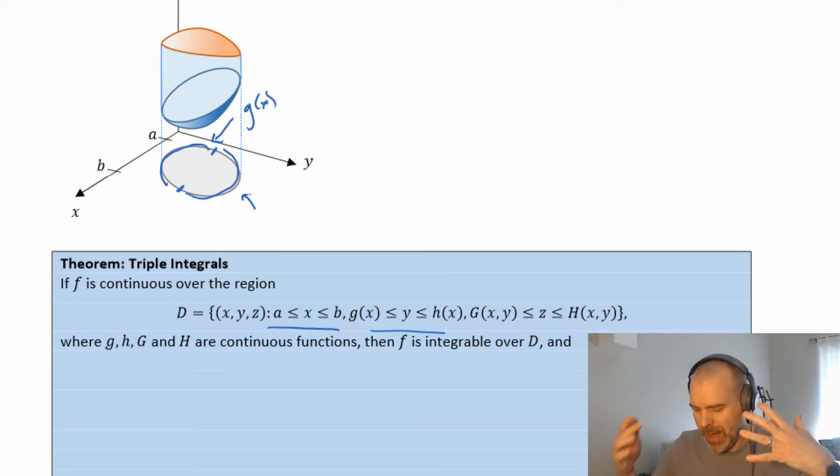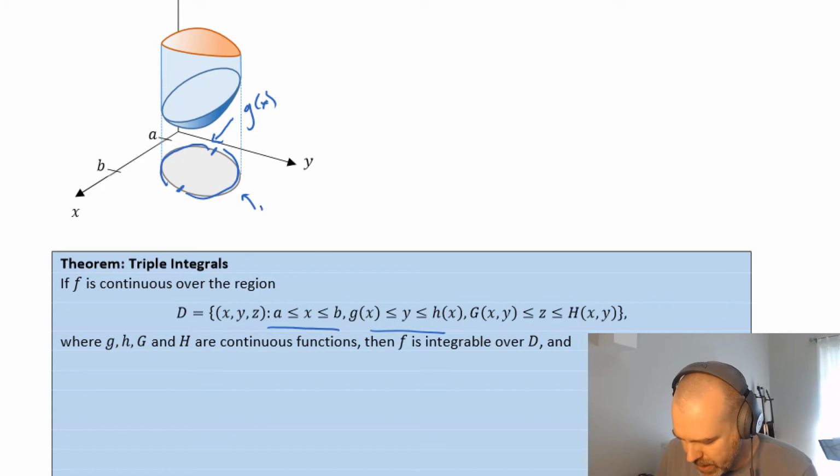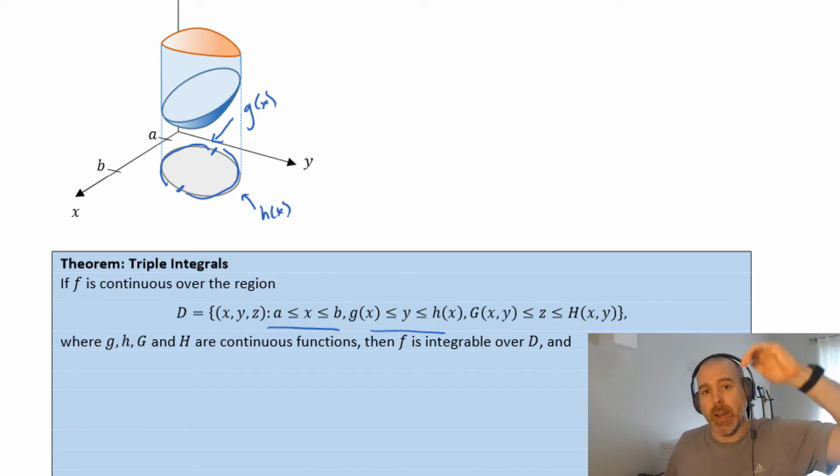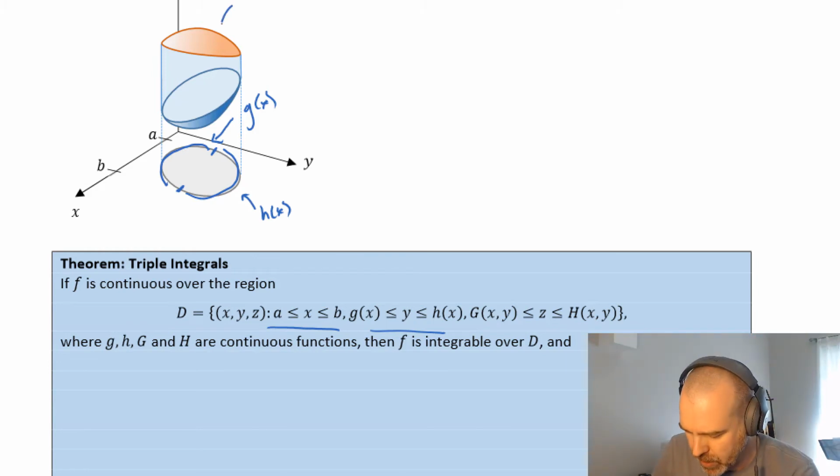Left and right, top and bottom, whatever you want to think of for y. And then z goes from some bottom function to some top function, where capital H of x, y is the top, and capital G of x, y is the bottom.